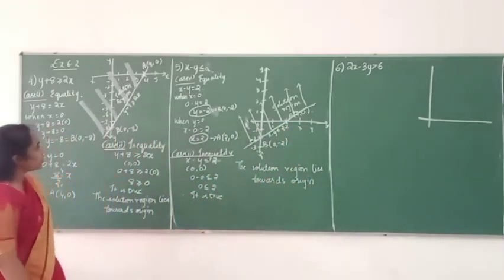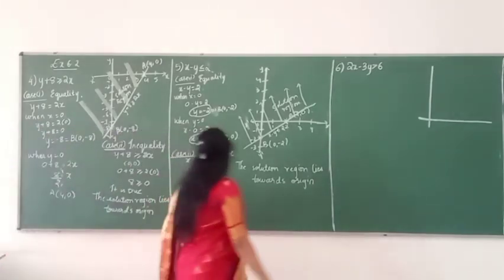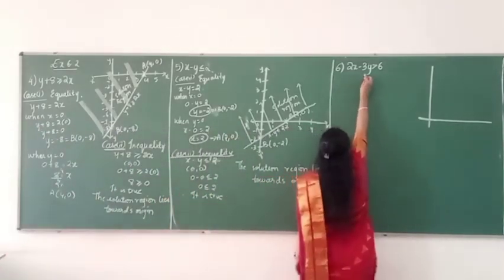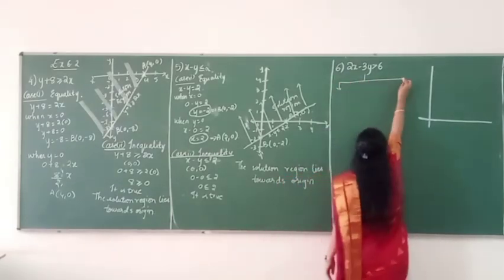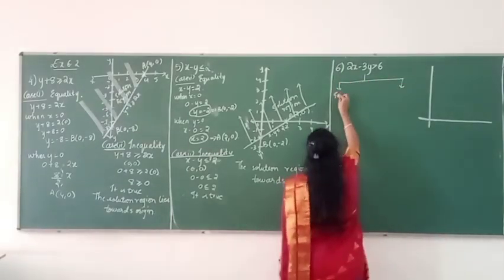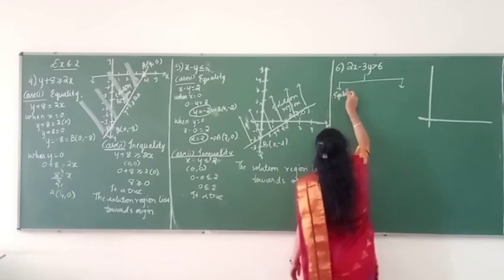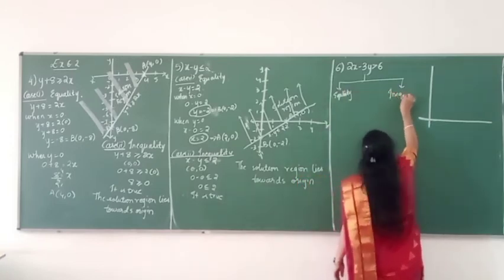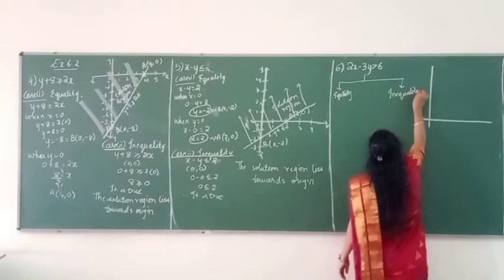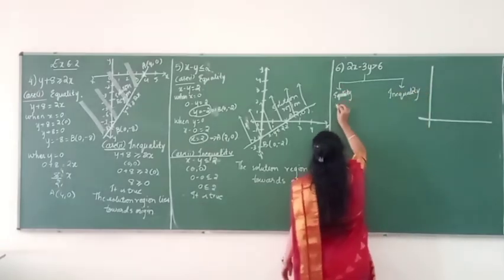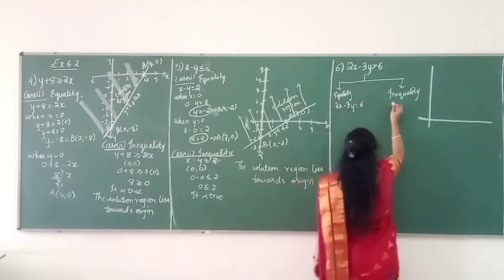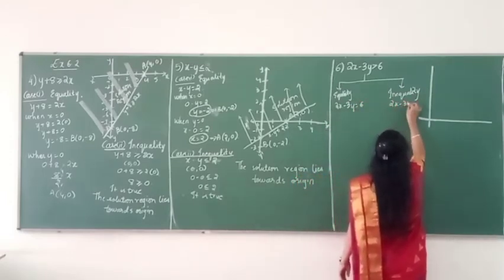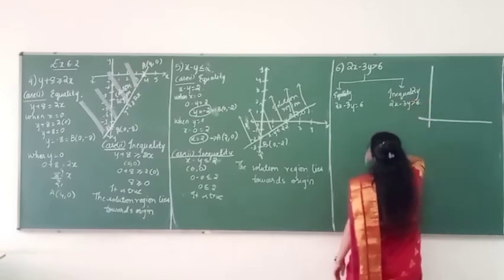Next, now let us move on with the sixth problem. Equality. Inequality. So 2x minus 3y is equal to 6, and here it is 2x minus 3y is greater than 6.